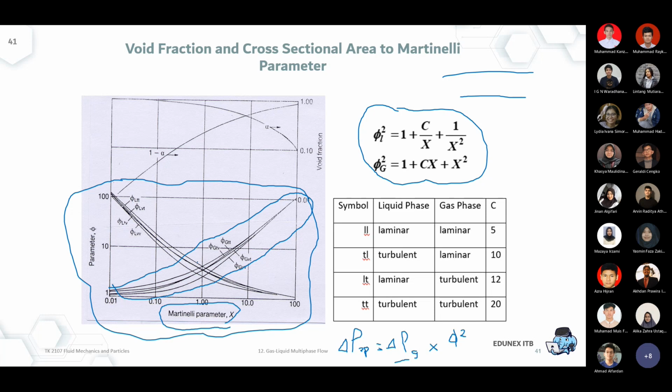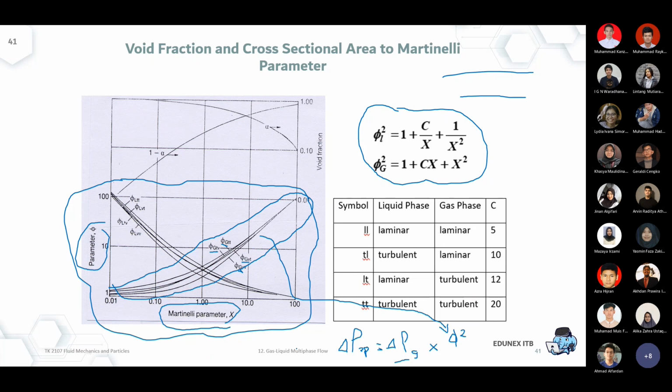Why? Because as you can see over here, this is the correction factor for a two-phase if it's coming from a gas. So that phi, the y-axis, will actually be used as a correction factor in the final Lockhart-Martinelli equation.